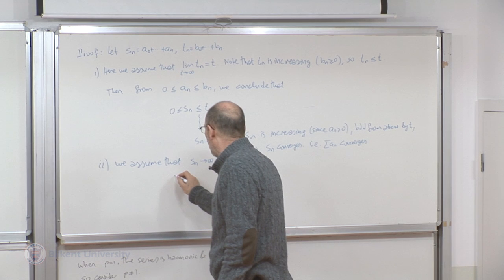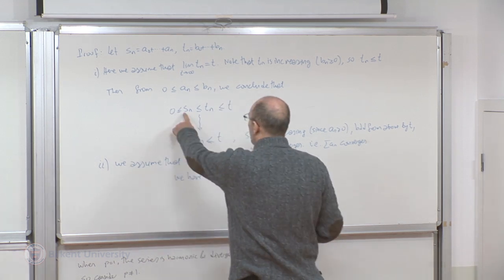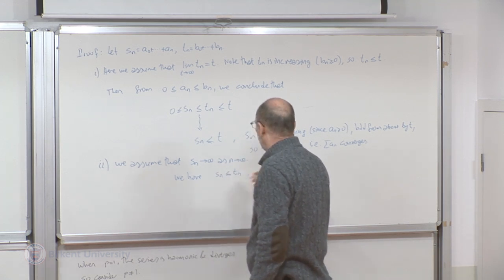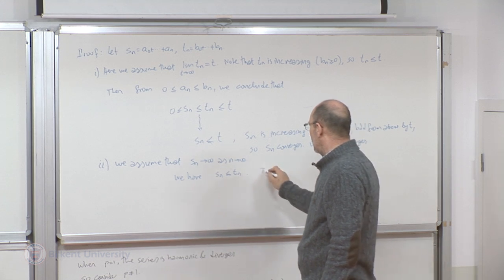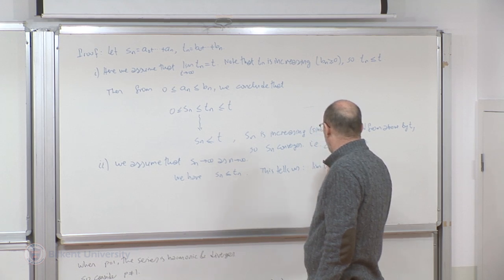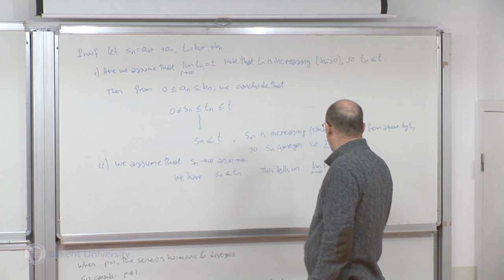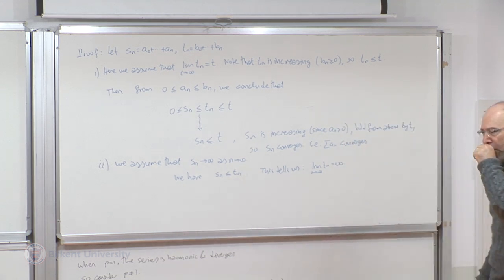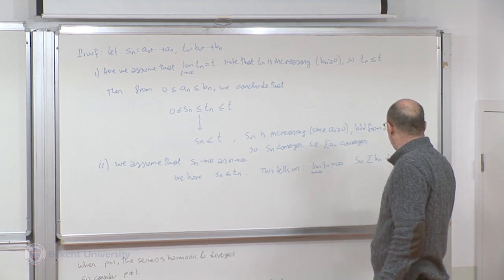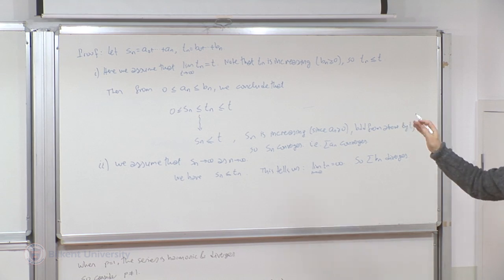Since An is less than or equal to Bn, taking limits of both sides, this tells us the limit of Tn as n goes to infinity is infinite. So summation Bn diverges. The idea is very simple, but this is the key idea in the next test, that is the limit comparison test.